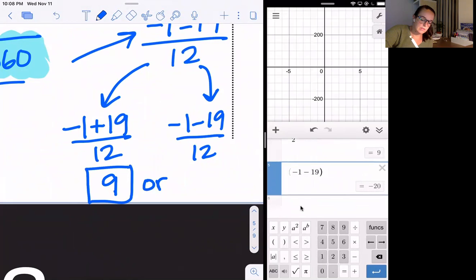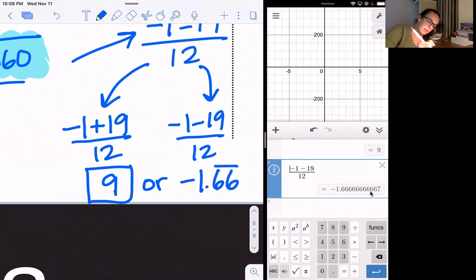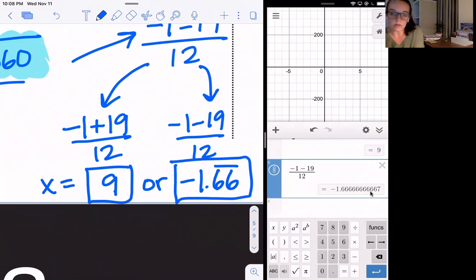I want to do this whole thing divided by 12, so I just put parentheses so it would be there. Negative 1 minus 19 over 12 gives me negative 1.66666, and I see that the 6s go on forever, so I'm going to put that little hat on the top. So x equals, in this case, 9 or negative 1.666.